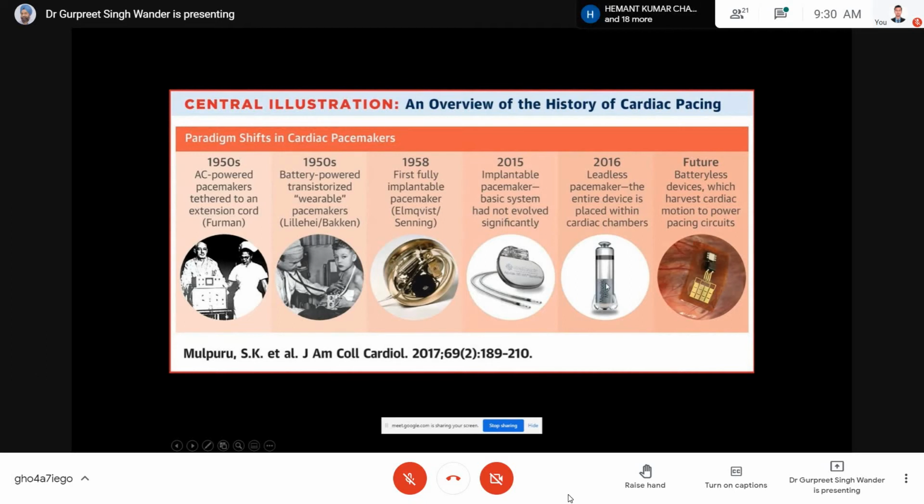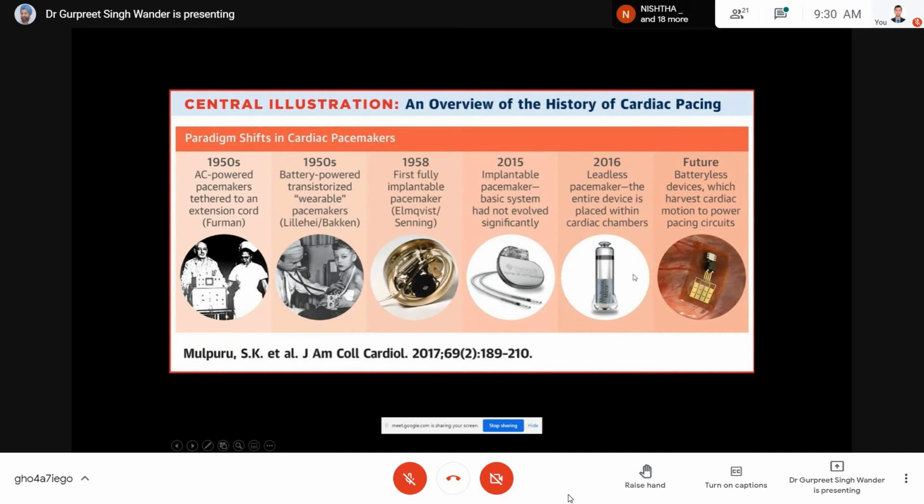Medtronic, St. Jude's and Boston Scientific are the three companies worldwide. Even in India, there were some pacemakers designed by Mr. Abdul Kalam and Sri Chitra Institute in Trivandrum. Those were called the Chitra pacemakers, but they were used for a short while.